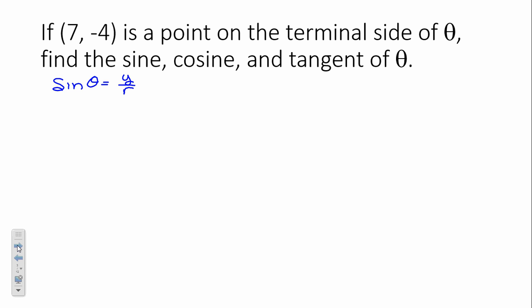We have to figure out what r is first. So we'll square the 7, square the -4, and take the square root of it to get our r. 49 plus 16, square root of 65. No perfect squares there.